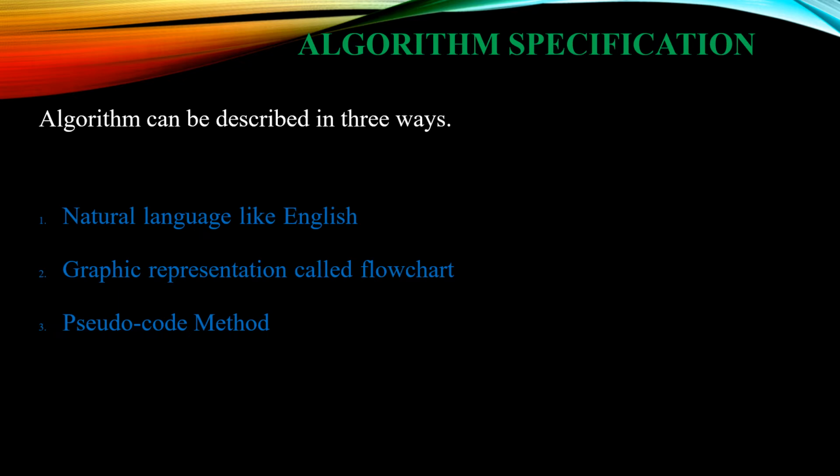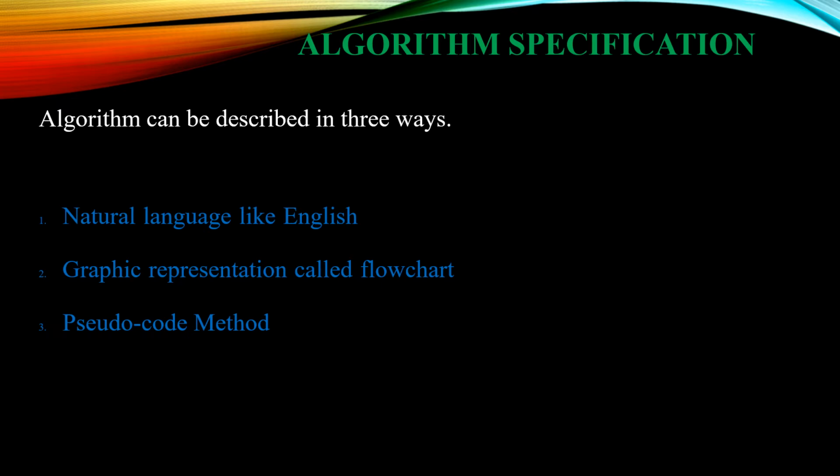The second method is graphical representation. This we call a flowchart. The graphical representation of an algorithm is called a flowchart, and this method works well when the algorithm is very small and simple. The third way is the pseudocode method.